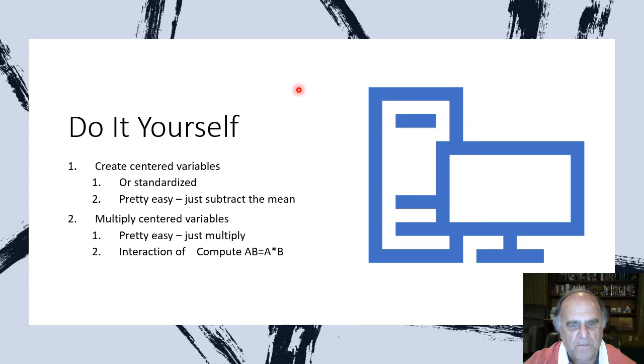All right, one of the problems is, of course, that to use continuous variables in an interaction, we have to center the variables. And it's pretty easy to create centered variables. All you do is subtract the mean.